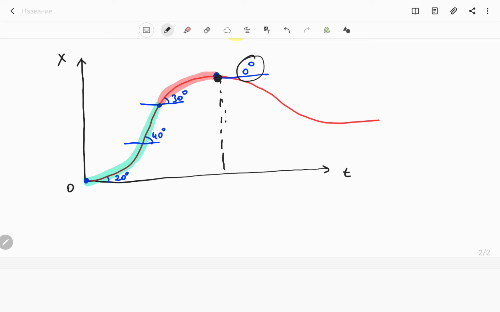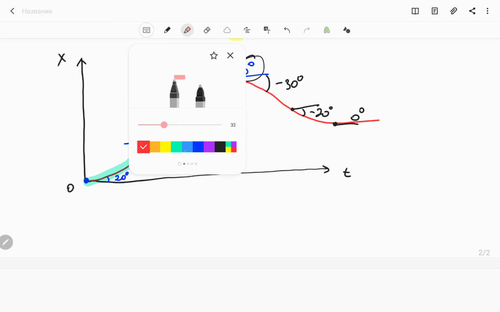Further, what is happening with this angle? This angle decreases. It becomes negative 30, for example. This angle negative 20, for example. Here again it's 0 degrees. What does it mean?